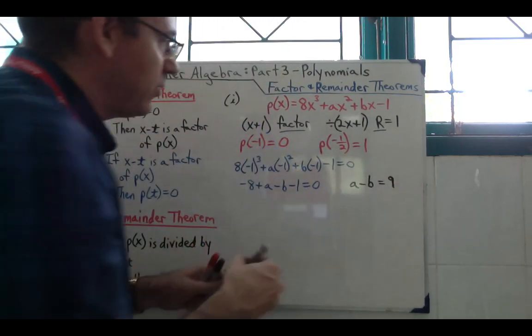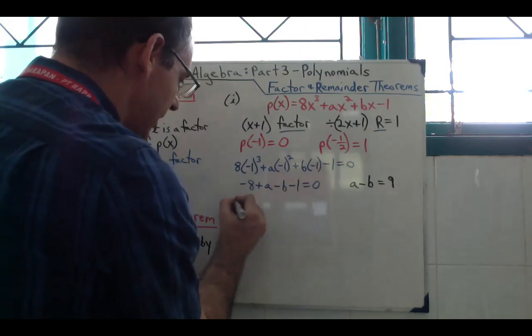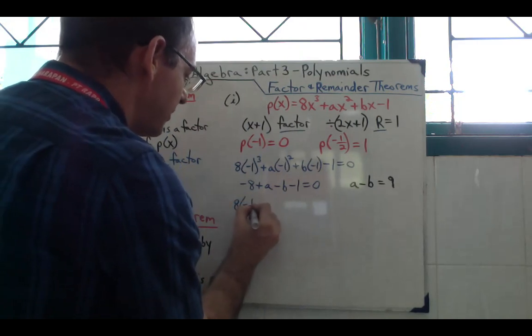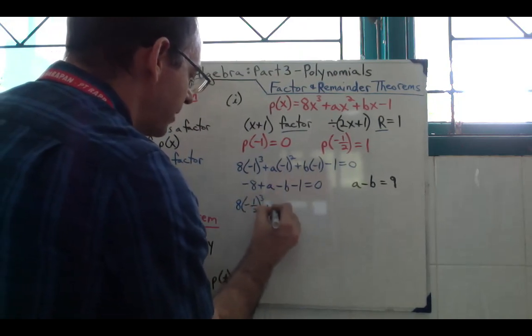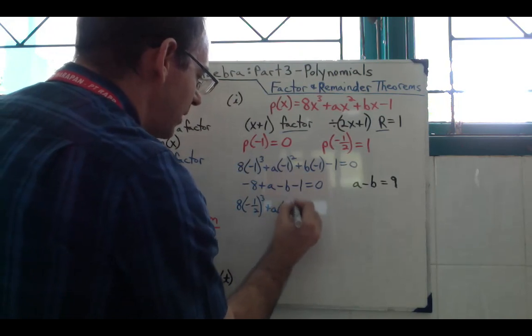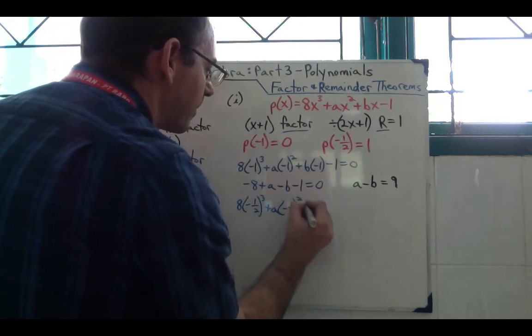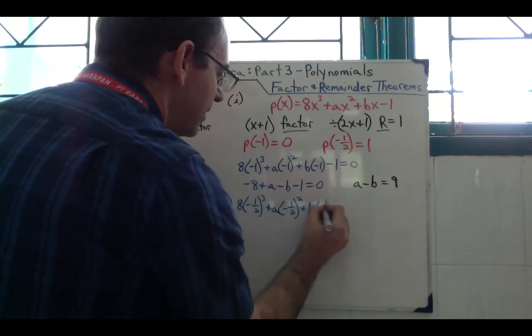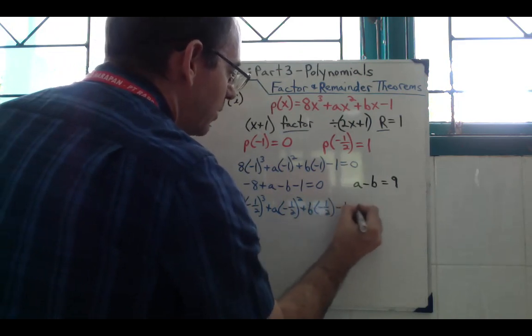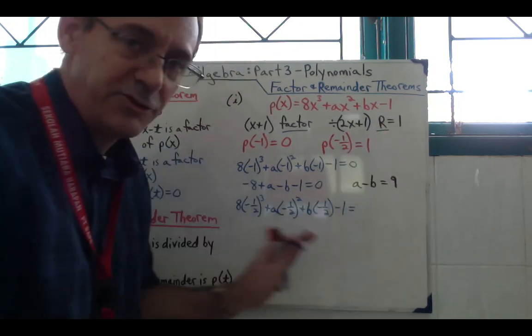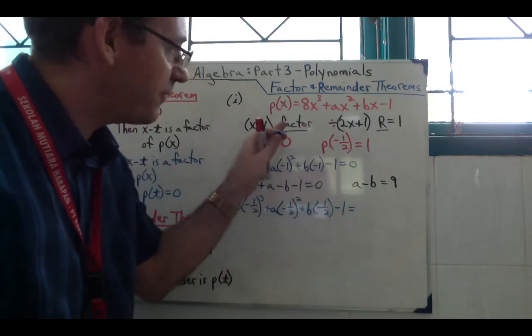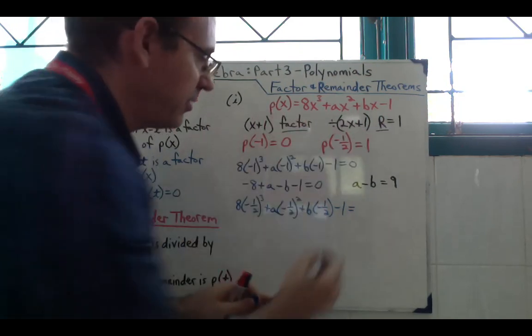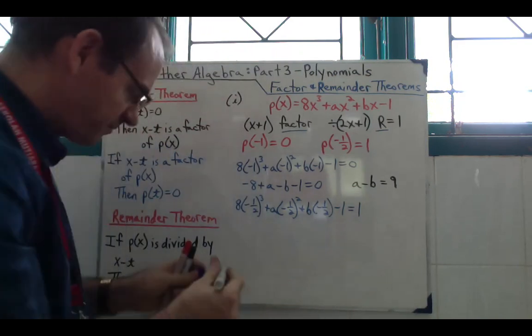Then we evaluate our function for negative 1/2. So 8 times negative 1/2 cubed plus a times negative 1/2 squared plus b times negative 1/2 minus 1 equals, don't forget to put 1, don't put 0. This isn't factor theorem, this is remainder theorem. So equals 1.